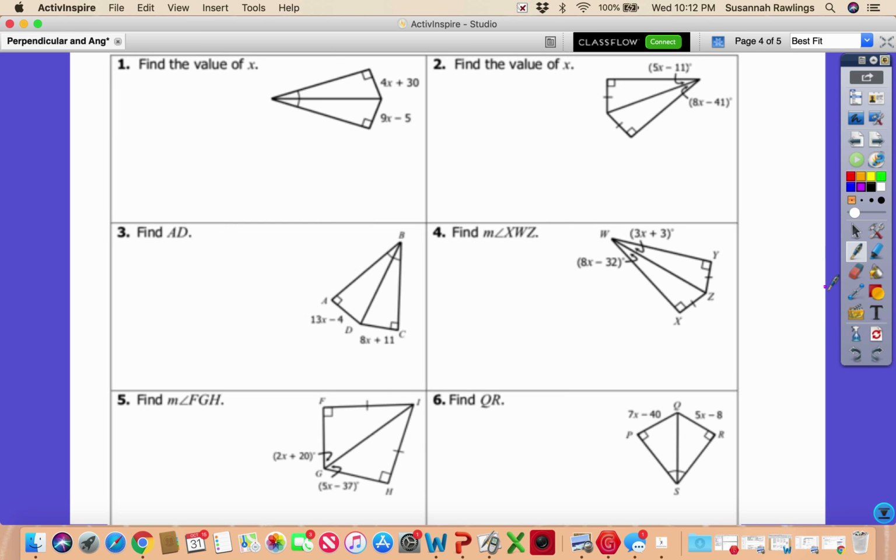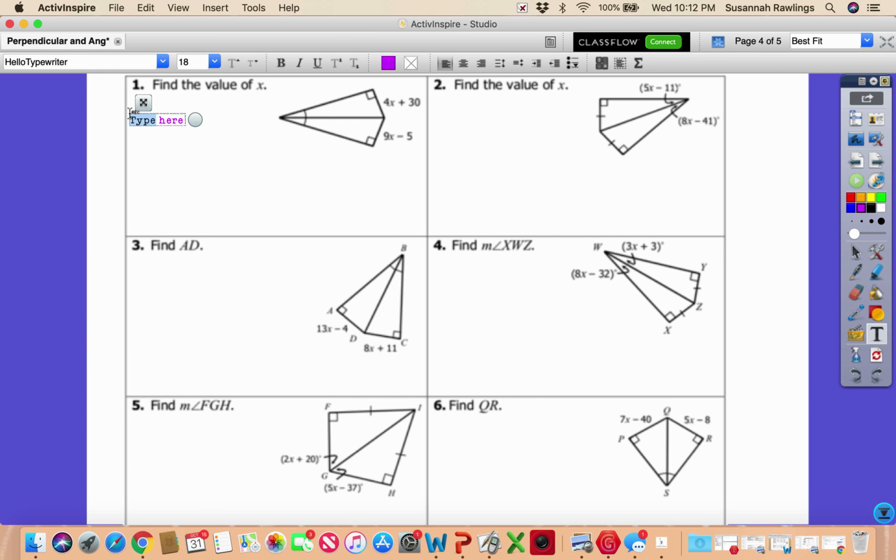So let's go ahead and try some examples here. First thing I want to look for, we want to check for congruent arcs, which tells me I have congruent angles.